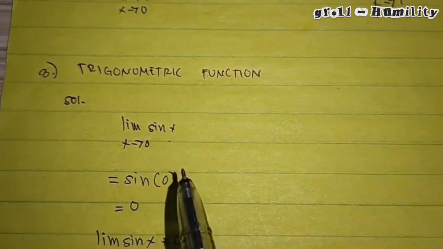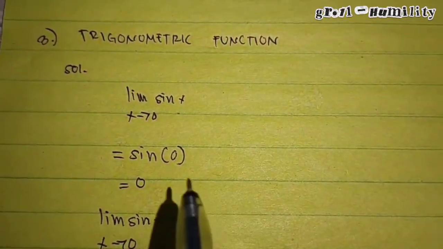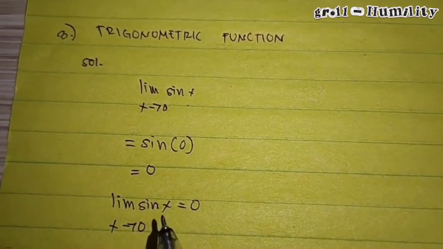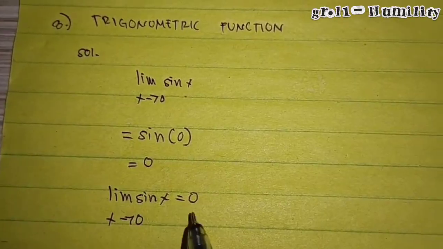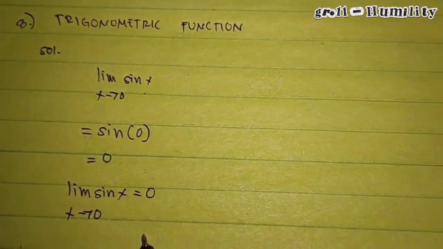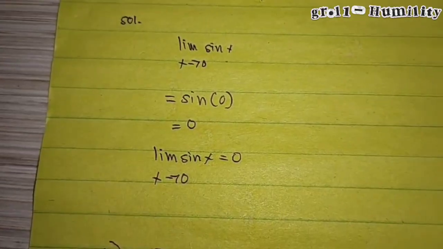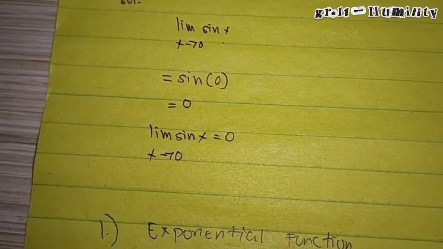We substitute 0 for x. This becomes sine of 0. And sine of 0 is equal to 0. Therefore, the limit as x approaches 0 of sine x is equal to 0. And that's how to evaluate limits of exponential, logarithmic, and trigonometric functions using direct substitution.